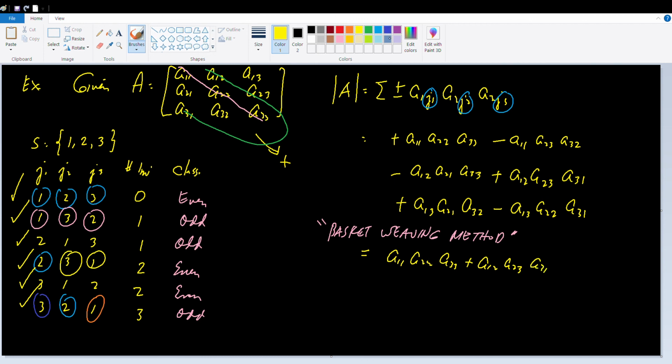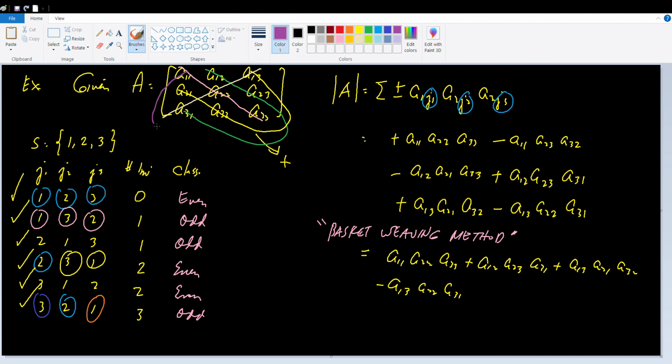Then, A13 multiplied to A21, A32. Then, for the diagonal to the left, it will be negative. So, negative A13, A22, A31.